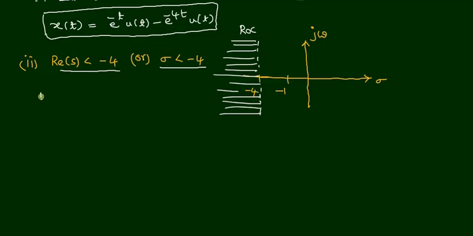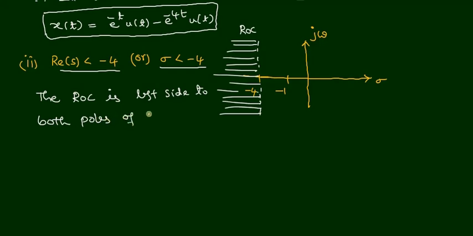The ROC is left side to both poles, at S equals -1 and S equals -4.